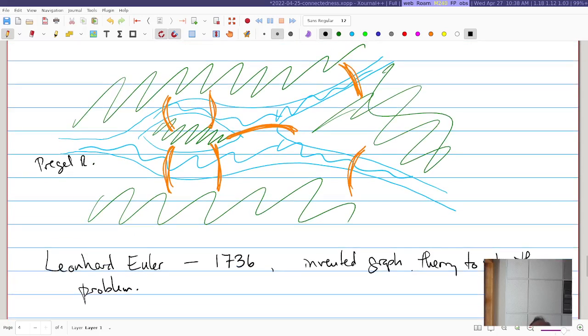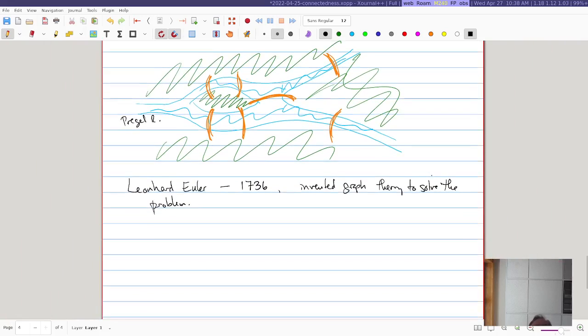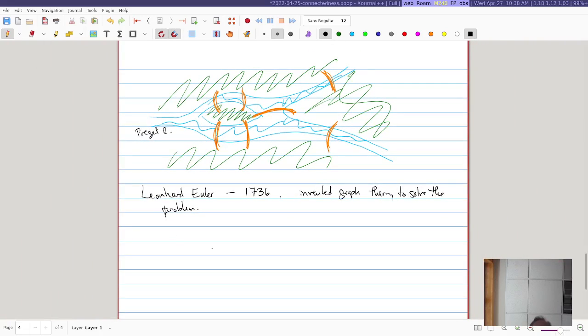Okay, so we can abstract from this a little bit. Essentially, we have three vertices, right? This is 1, this is 2, and this is 3. And then there's some edges between them.